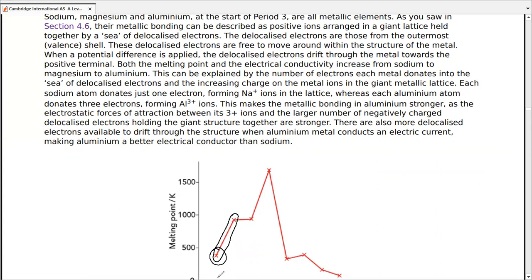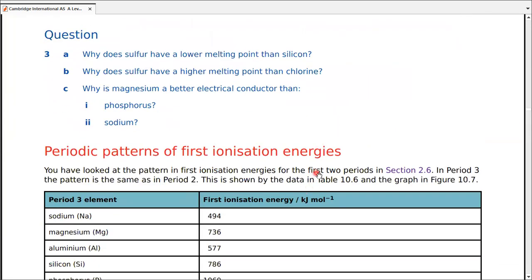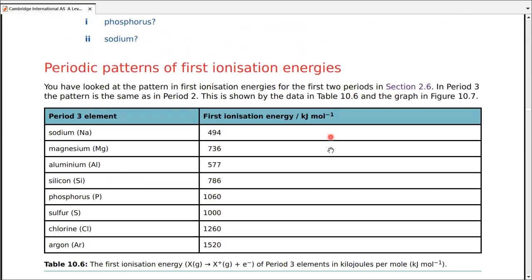If we go from top to bottom for any other group in the periodic table, the density increases, and so does the melting point. But for group 1, this is the exact opposite. Instead of increasing, it decreases. So of course, there has to be a big jump in there, okay? Because group 1 behaves totally differently than the rest of the groups in the periodic table, which finishes up the melting point and the electrical conductivity patterns.